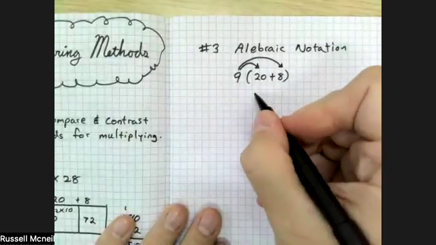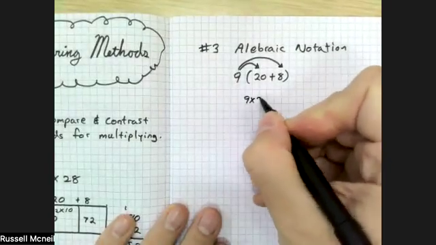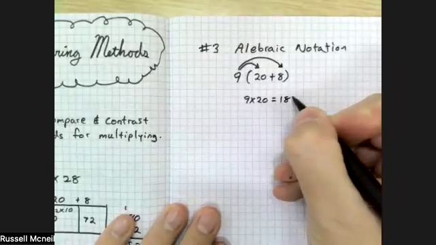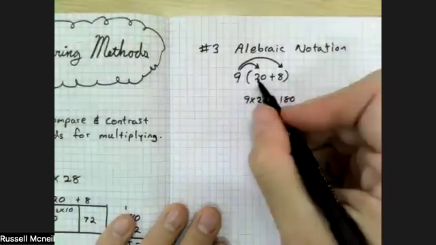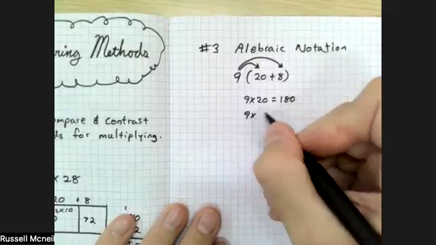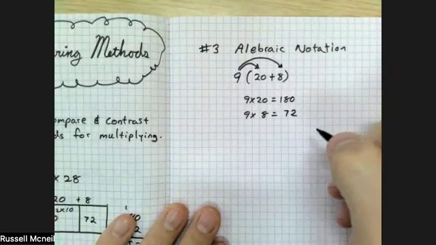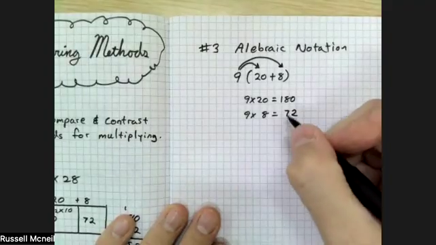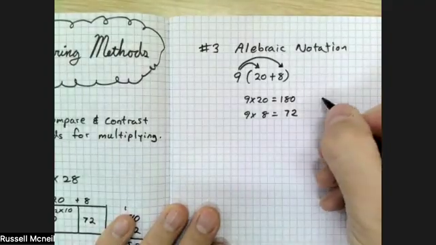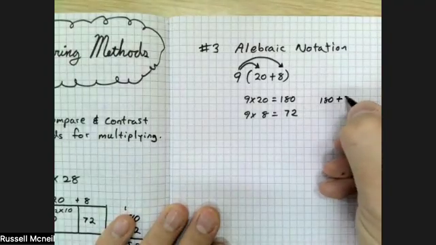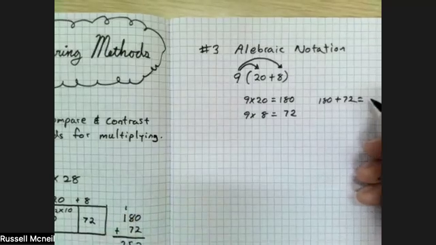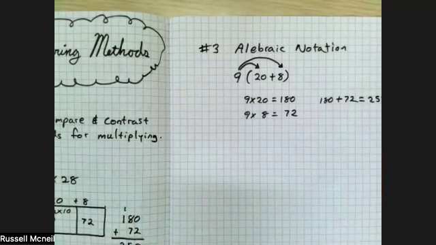So 9 times 20, 180. Then we do 9 times 8, and we get 72. And then we add them up. 180 plus 72, and we get 252.